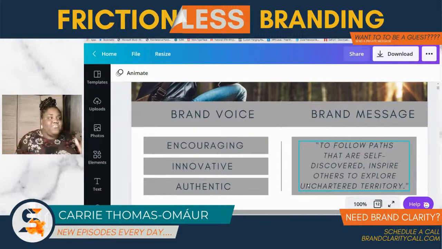Their brand message is to follow paths that are self-discovered, to inspire others to explore uncharted territory. They need to feel like they're doing the different thing. They're not going down the easy path. They're going down the hard path that's really going to push them forward. They're the pioneers, and it's super cool.